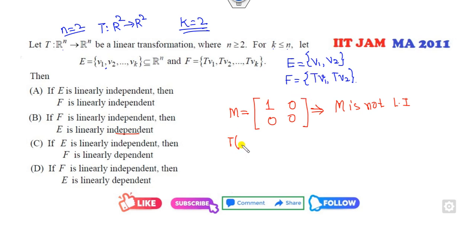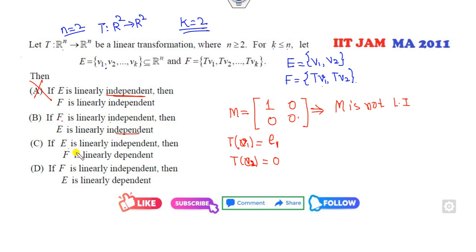If I construct T of V1 as 1, 0, that means E1, and T of V2 as 0, then clearly E1 and E2 are LI, but this matrix is not LI. So F is not necessarily LI. I can choose any matrix whose value is non-zero.